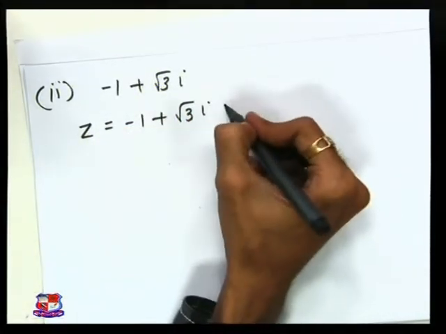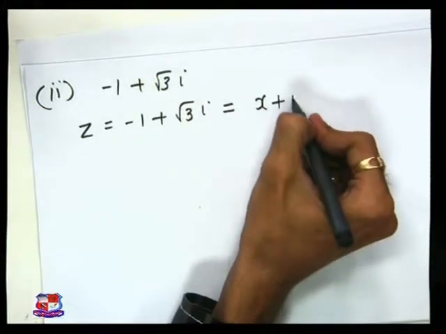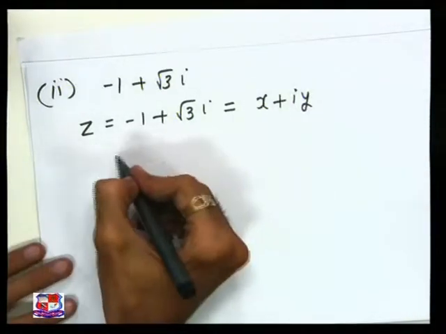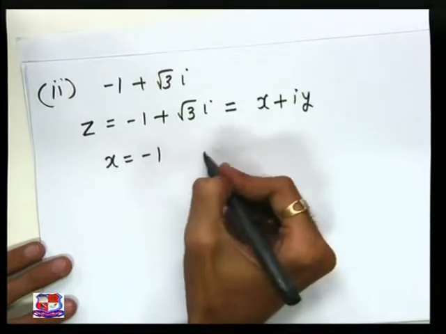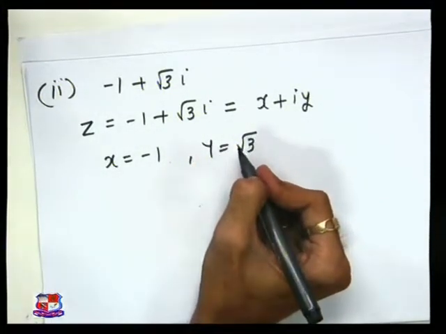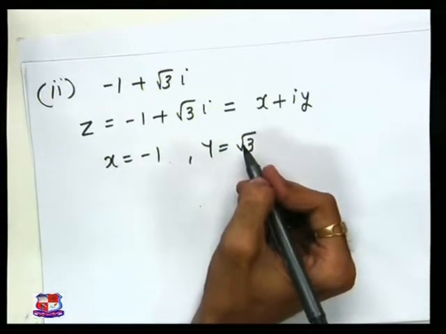I am going to compare this with x plus iy, right? So here x is equal to minus 1 and y is equal to root 3.